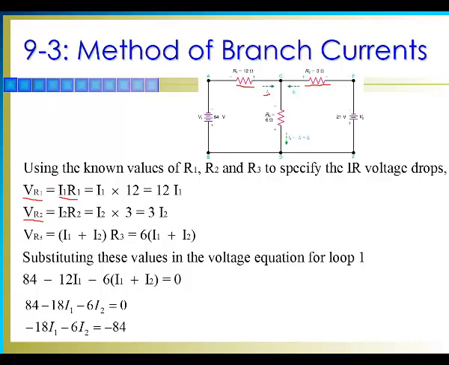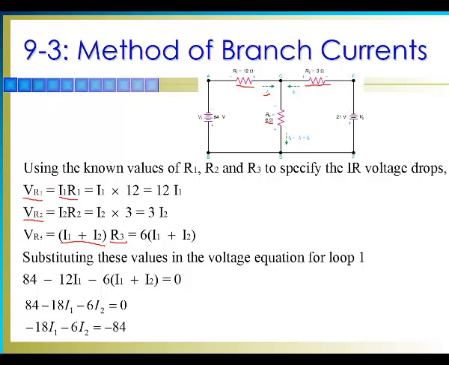And the voltage on resistor 3, or VR3, is equal to the current on resistor 3 times the resistance. The resistance we know is 6, so it's 6 times the current on resistor 3, but instead of writing I3, we're going to write I3 in terms of I1 and I2.